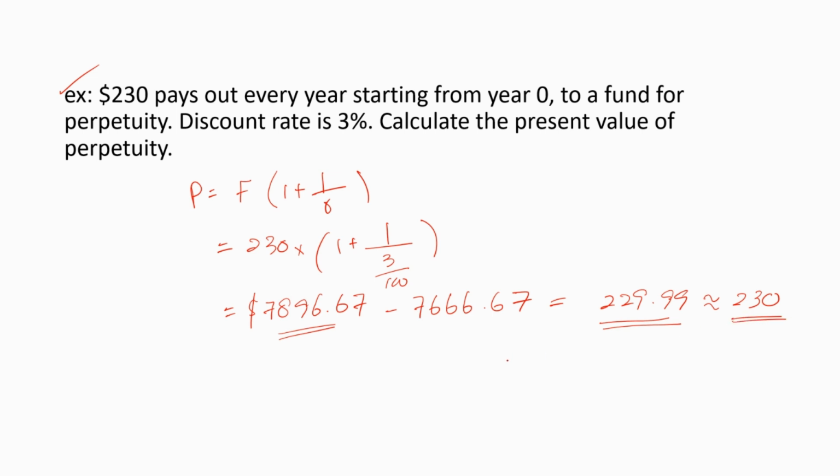So under advanced perpetuity, what we have done is add the initial amount to the perpetuity amount, which means at year 0 there is a cash flow. Under perpetuity there was no cash flow at year 0. So this is perpetuity. Year 0 there was no cash flow. Under advanced perpetuity there is a cash flow at year 0. So this will go to infinity. This will also go to infinity.